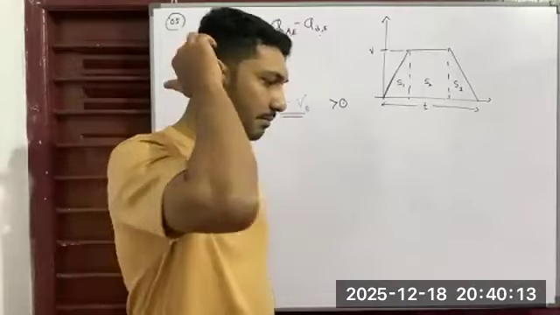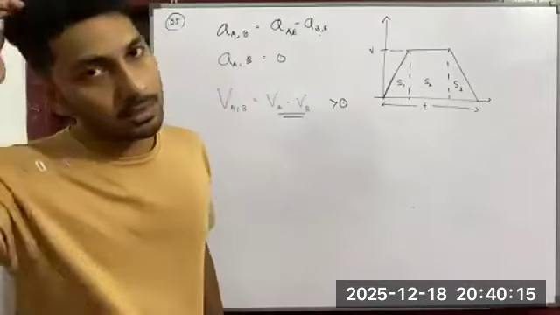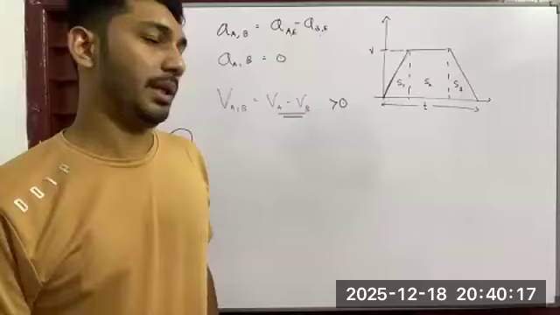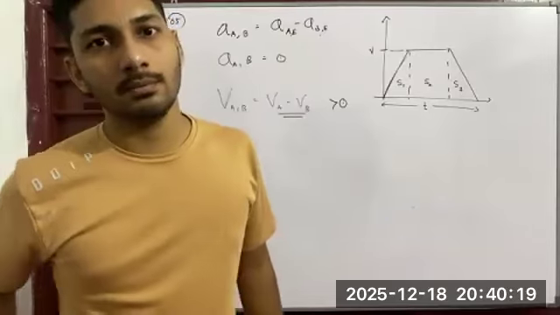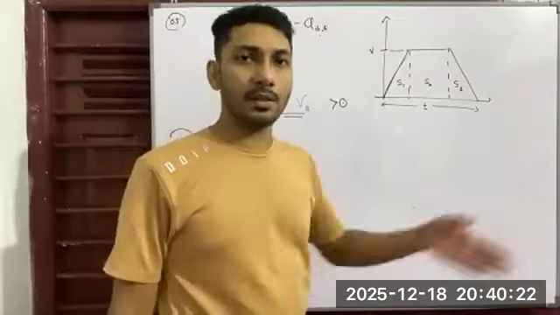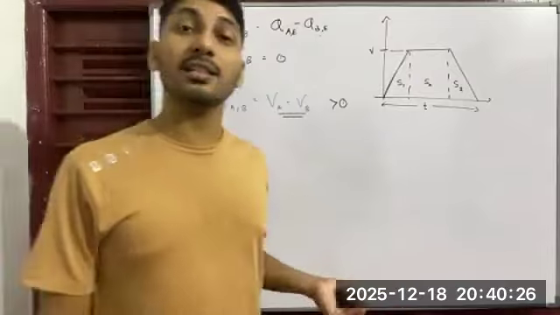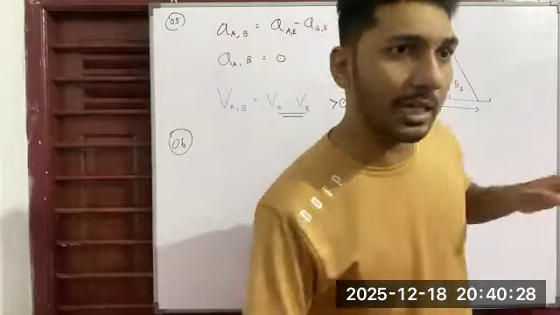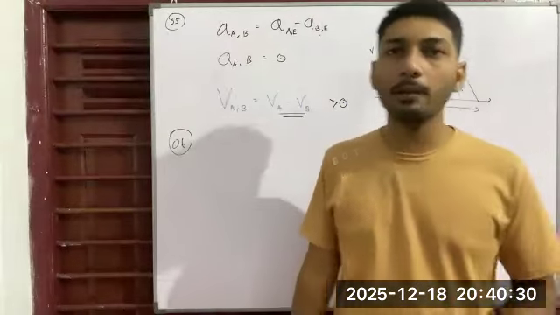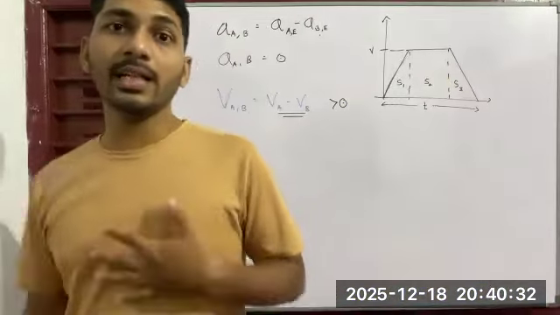In the second part, 20 to 30, the displacement is in the same direction as the first. It's also positive displacement, not going to the negative side, but the direction of the force has changed. So that work will be negative.